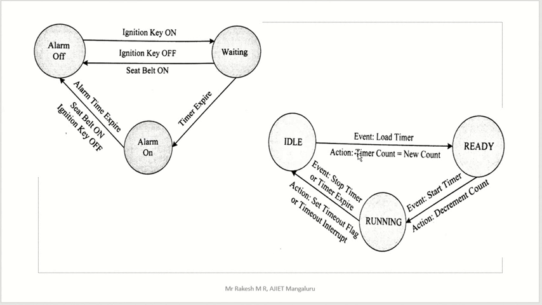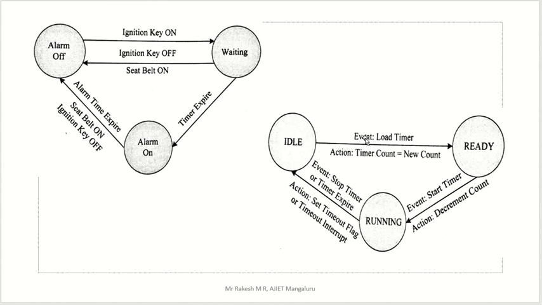And what is the action? It will load some count. That means after opening your door there is a 5 second time, within which you have to put on your seat belt, then the alarm won't happen. Otherwise you will get a buzzer sound.